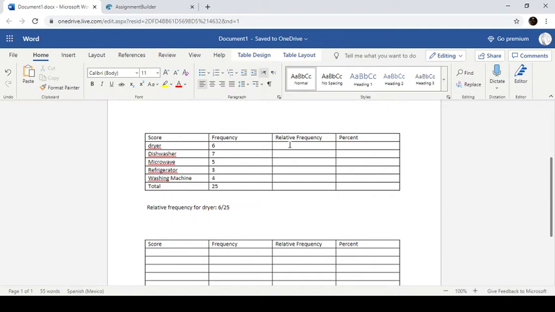So the relative frequency for our dryer is 0.24. And we will go ahead and do that for the rest of these. Okay, so next one would be 7 out of 25. So 7 divided by 25 is going to give us 0.28.